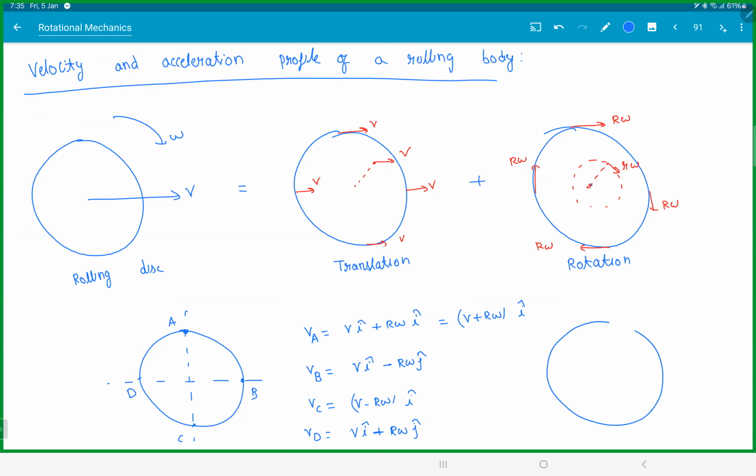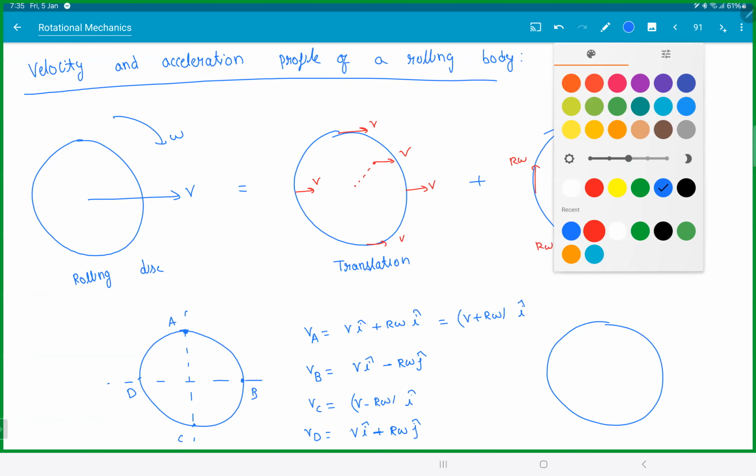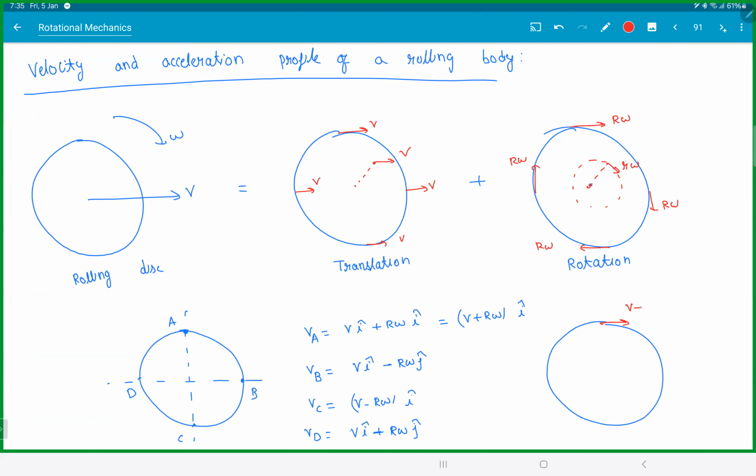So this is how the velocity of any point would look like. This would be V plus R omega. This would be V this way, and this would be R omega. This would be V and minus R omega backward. This would be V and R omega upward.